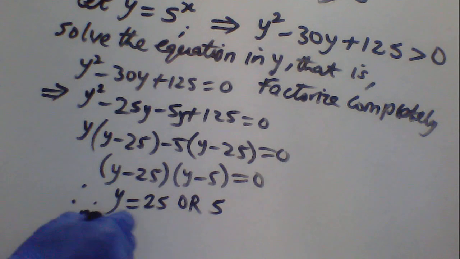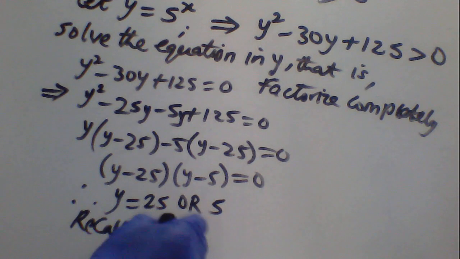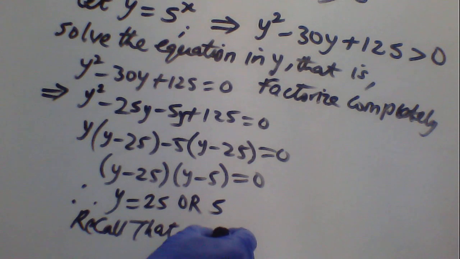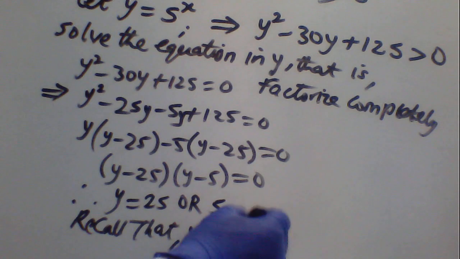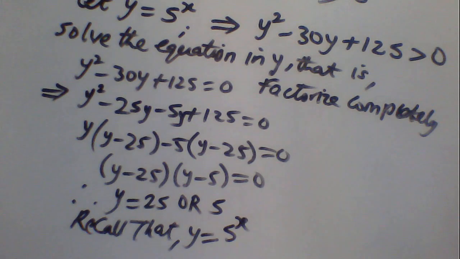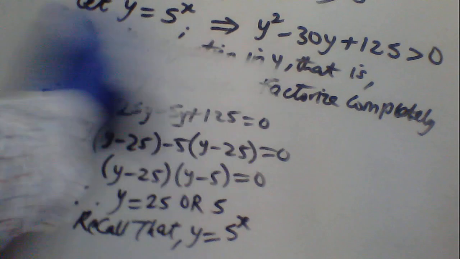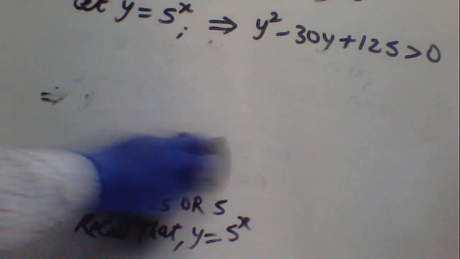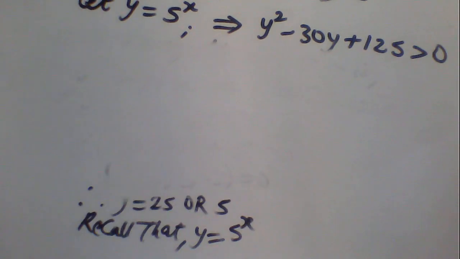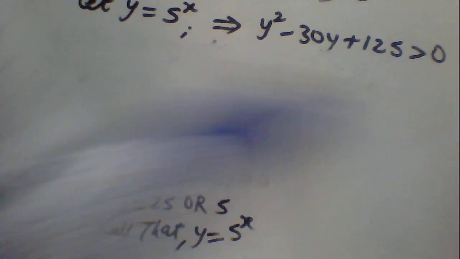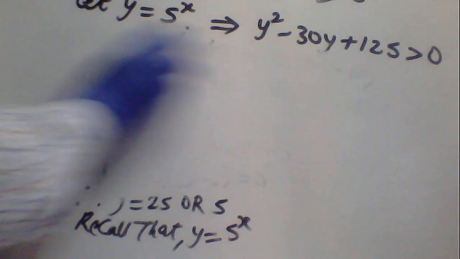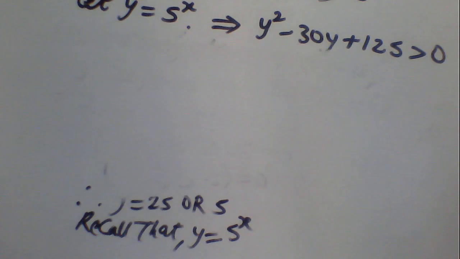Recall that y is equal to 5 raised to power x. So once you record that y is equal to 5 raised to power x, the next thing you have to do is, wherever you see y, you put the value 5 raised to power x.